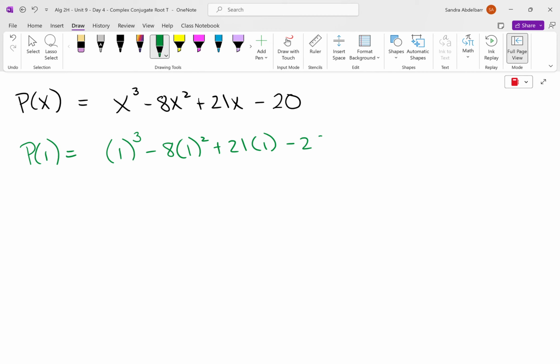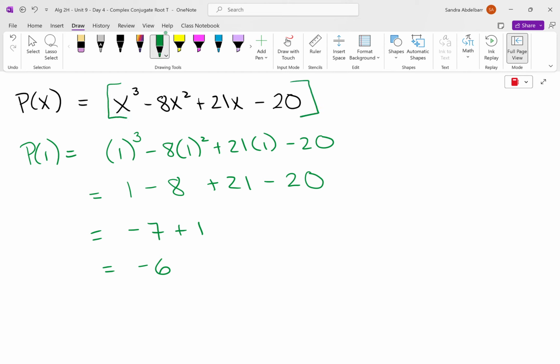P of 1 is 1 cubed minus 8 times 1 squared plus 21 times 1 minus 20. So we're 1 minus 8 plus 21 minus 20. So this is going to be negative 7 plus 1, which is negative 6. Is that 5? No.